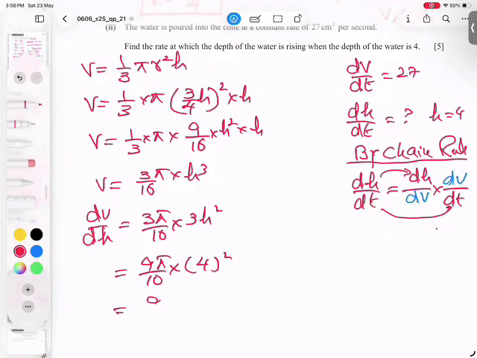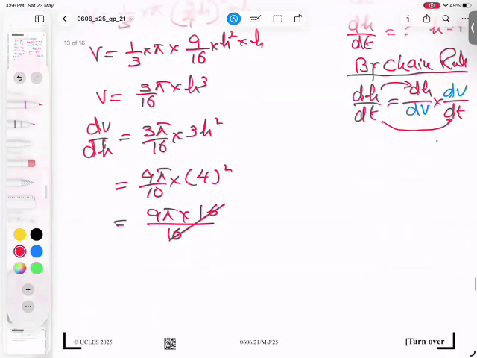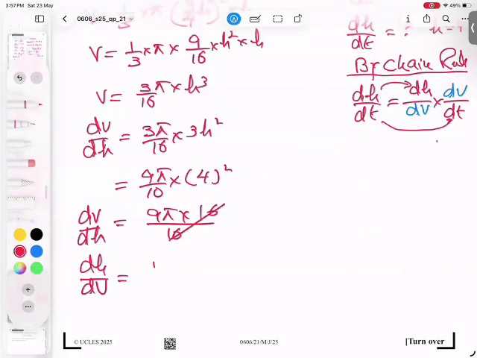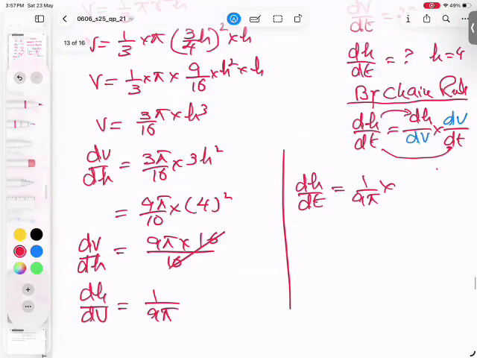So I'm getting 9 pi into 16 over 16. So 16 and 16 will cancel out. So I got 9 pi. And this 9 pi is dV by dh. So I'll change the rule, I will flip it: 1 over 9 pi. This I'm going to replace here. So 1 over 9 pi into this value, 27.